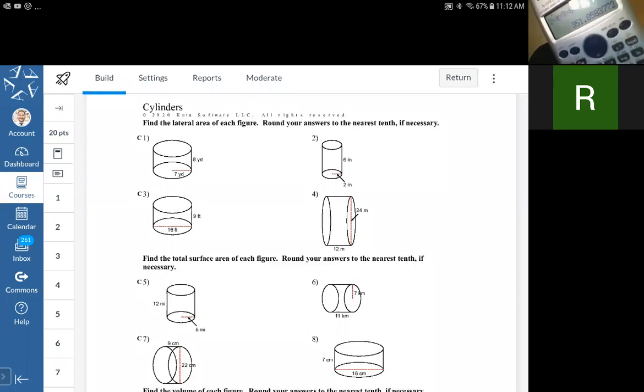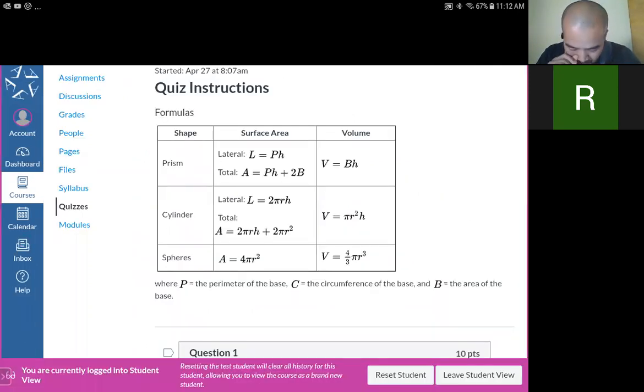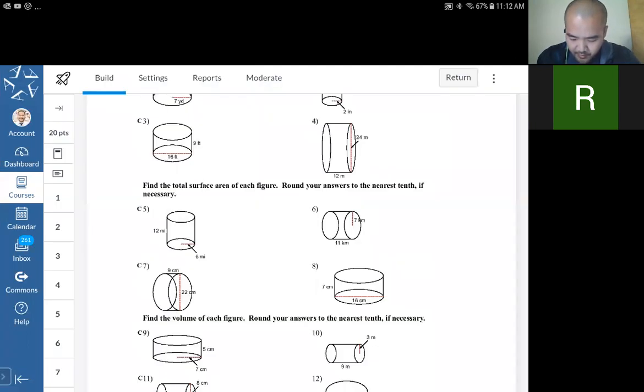For number 3, you've got 16 is the diameter, so 8 is the radius for that one. When you're doing total surface area, it's 2 pi rh, and then you add 2 pi r squared. So let's say for number 8 right here.